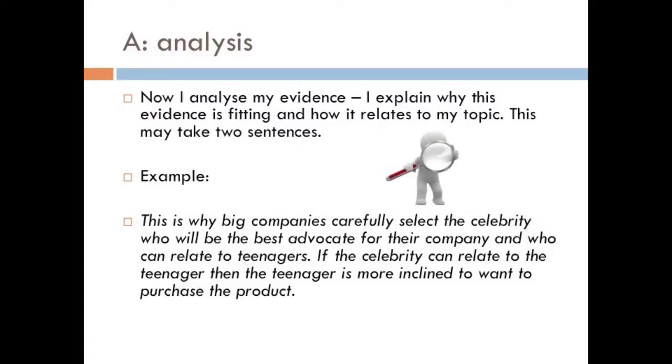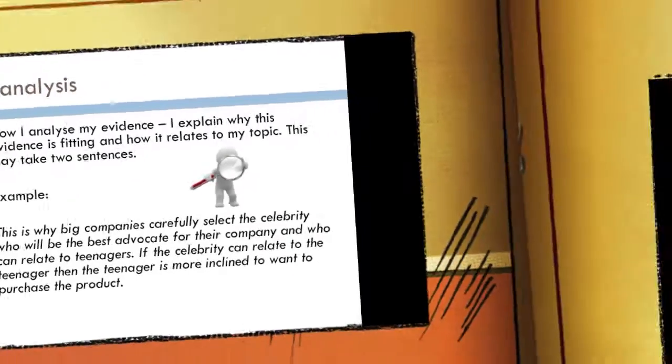In my example here, I have used 2 sentences. 1 is a minimum, but 2 can give a really good thorough analysis. Here we go. This is why big companies carefully select the celebrity who will be the best advocate for their company and who can relate to teenagers. If the celebrity can relate to the teenager, then the teenager is more inclined to want to purchase the product. Okay, so I've said why my evidence is good.